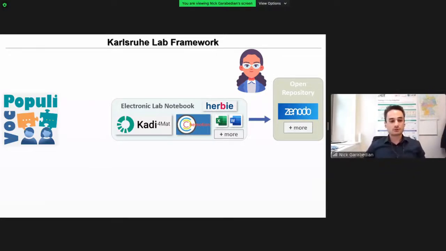And this is what, to us, opens the door for big data and really scalable machine learning. So the vocabularies in Voc Populi can feed into the electronic lab notebooks, which then can make the data open. And this yellow arrow over there is where I believe we can make the data truly fair, as it is a requirement by the FAIR principles to have fair vocabularies associated with the data.